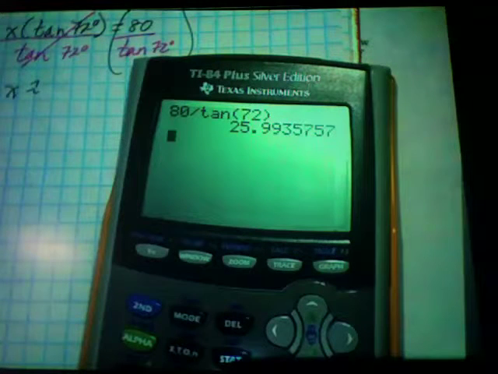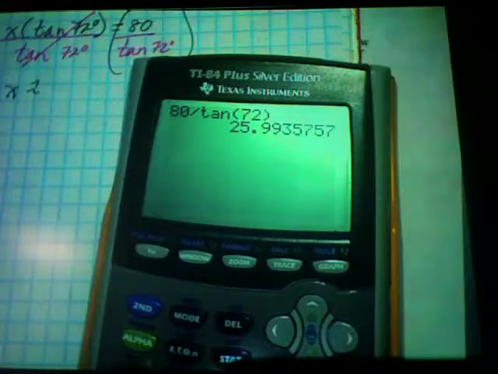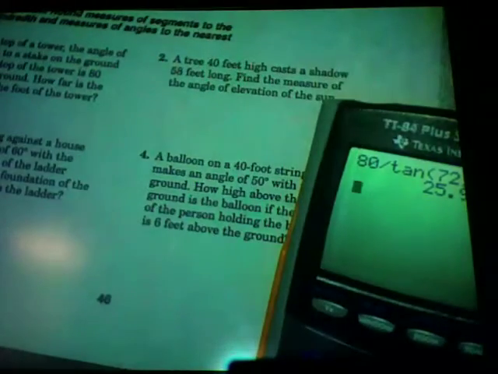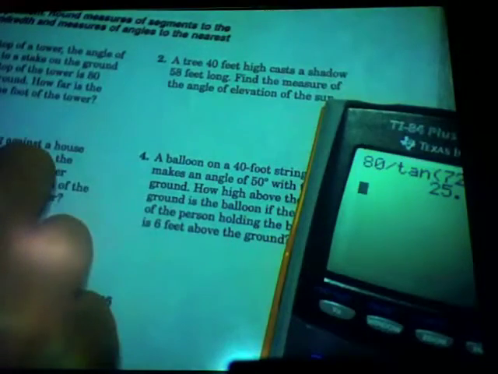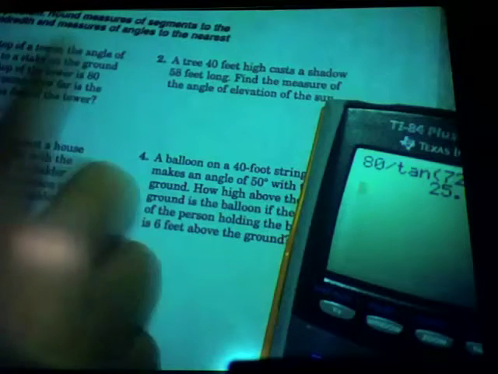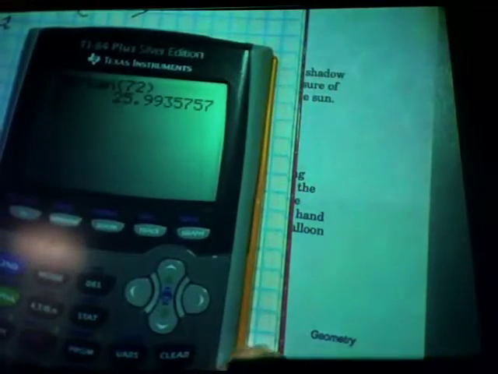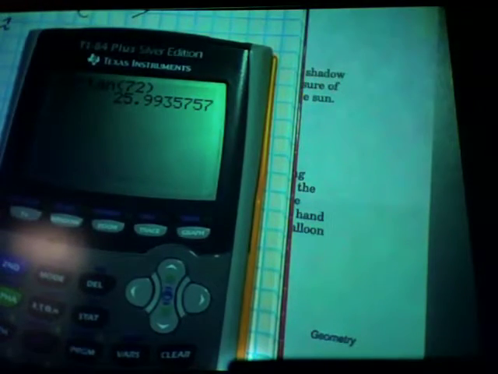And then round that to 2 decimal places. What do you get? You do have to pay attention. The directions might say round to the nearest foot. Did they say anything here? Angles are to the nearest degree. All right, so that's not what we're looking for. Round measures of segments to the nearest hundredth. So if I'm going to round this to the nearest hundredth, how many decimal places is that? 2.